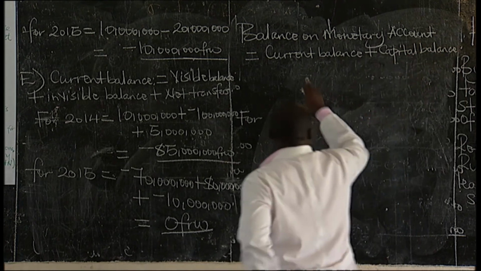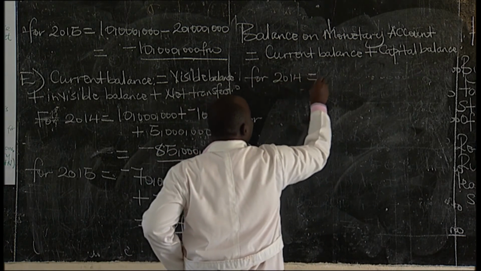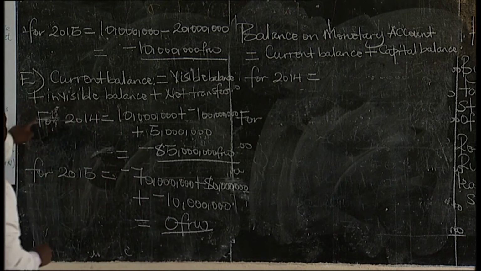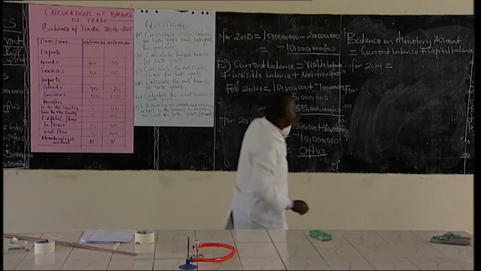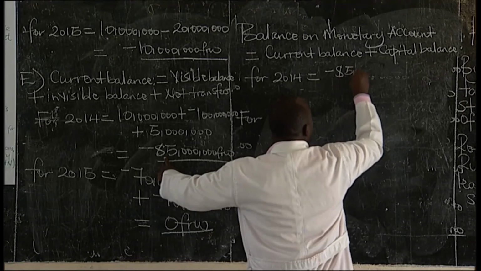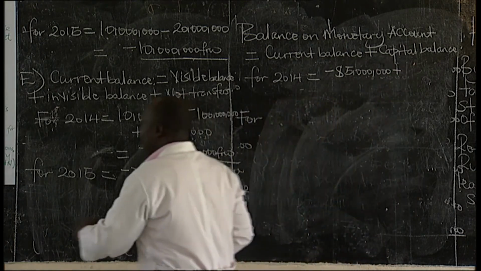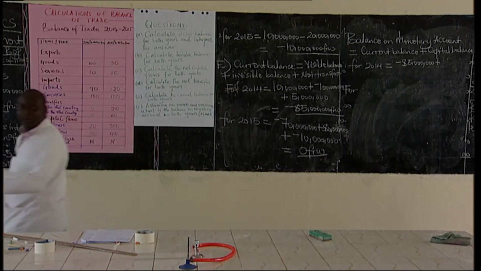Now, what is the current balance for 2014? For 2014, the current balance is negative 85 million, plus the capital balance. To get the capital balance, that is the net capital flow.